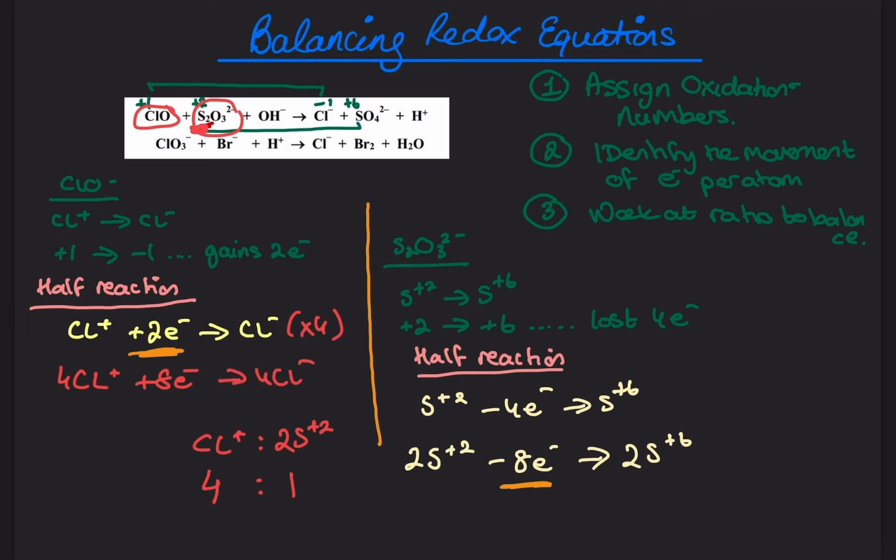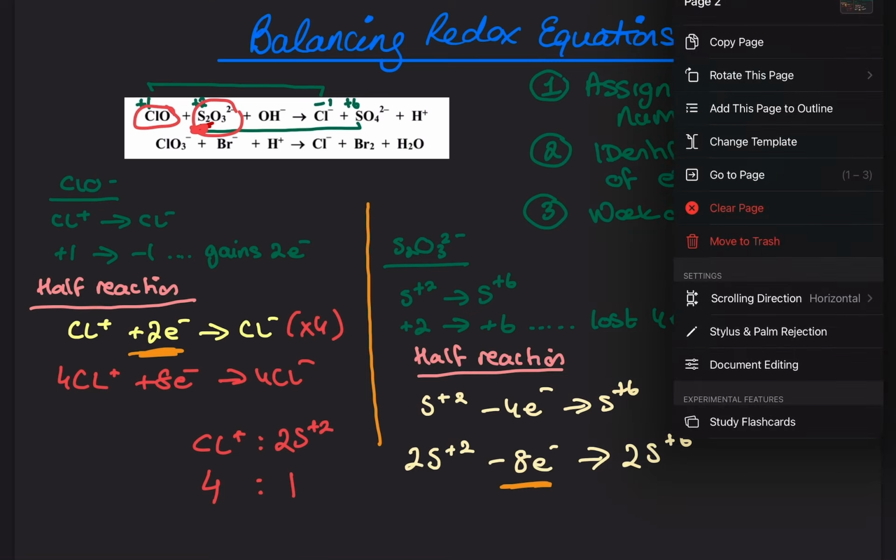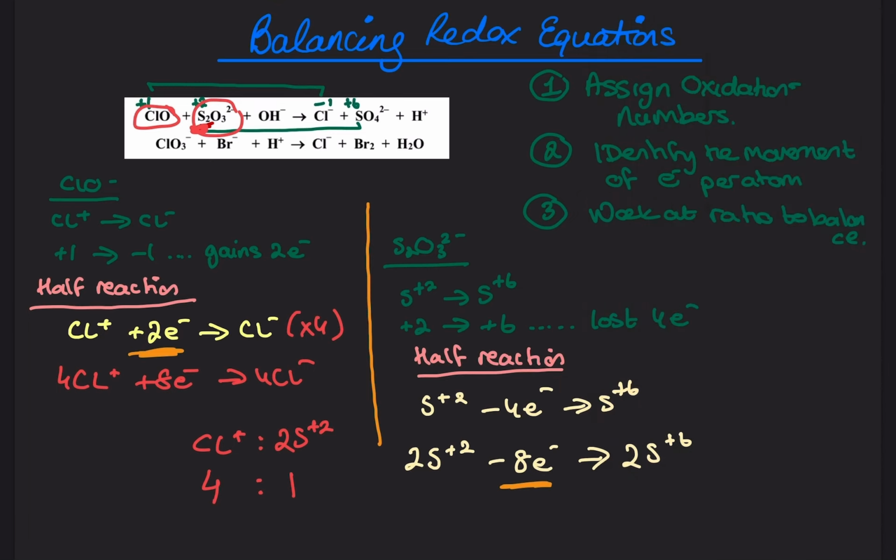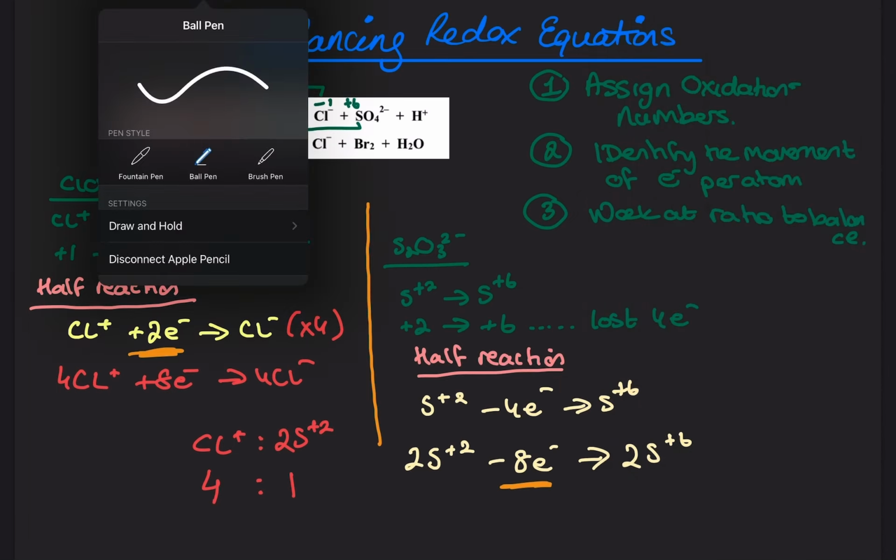Gives me 4Cl minus. Okay, so I'm going to move down now and I'm going to start to rewrite my equation. So if I do that here, let's write it over it.